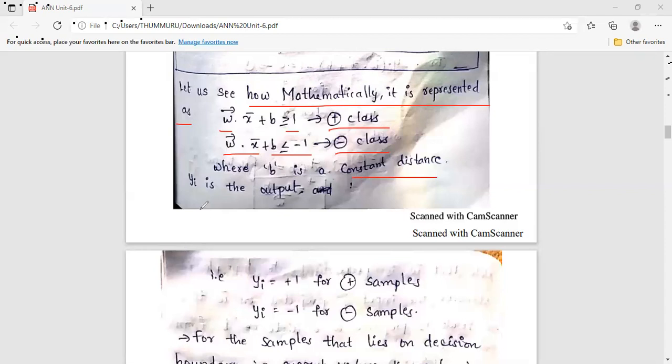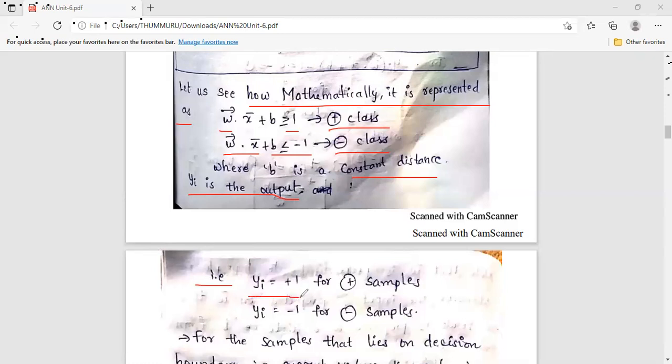Here we have considered one more parameter, that is yi. yi is the output. Okay, b is a constant distance and yi is the output. That is, yi, the output value, equals +1.